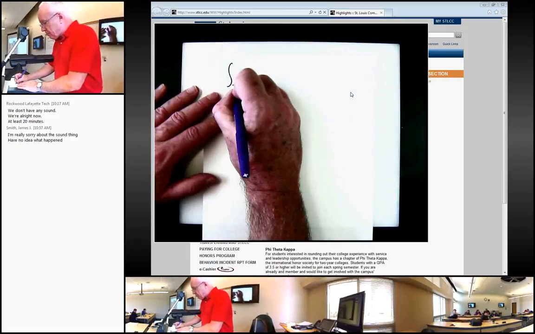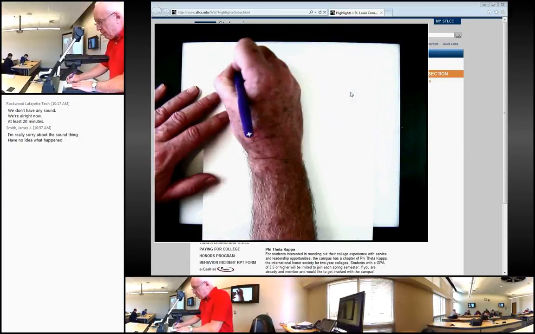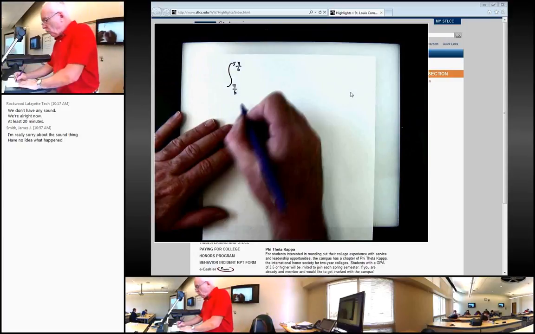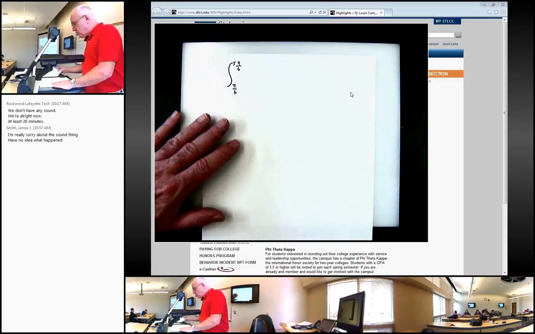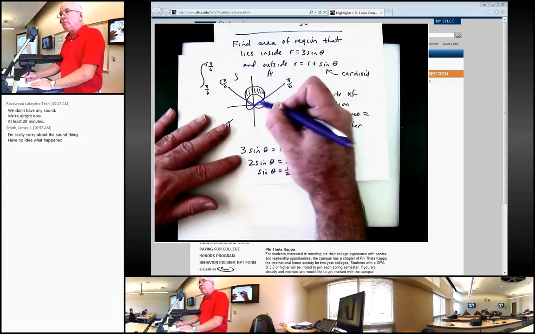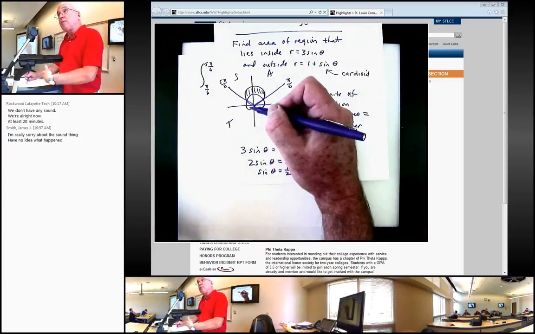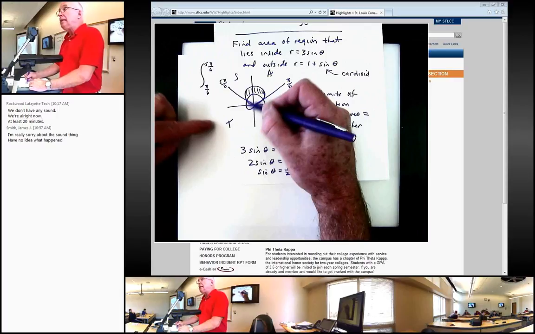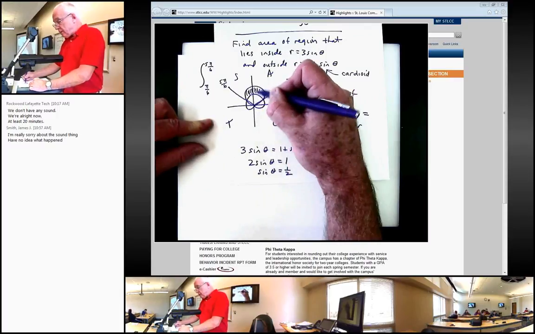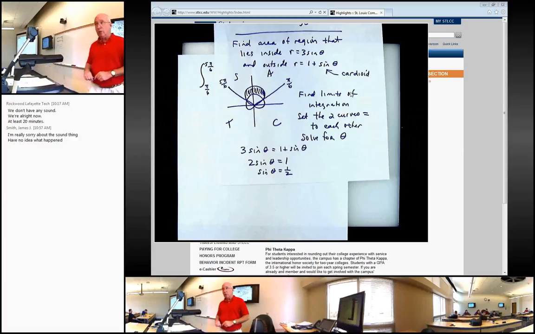The lower one is pi over 6. The upper one is 5 pi over 6. Now, basically to get this, we have to take the area of the bigger one and subtract from it the area that is in the smaller space. We want the area between those two curves.